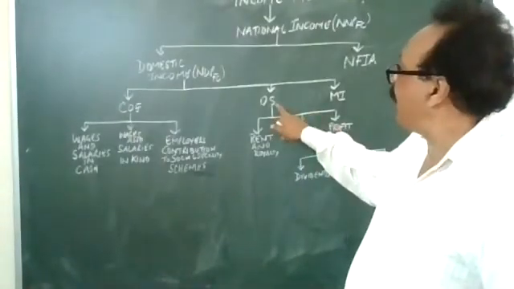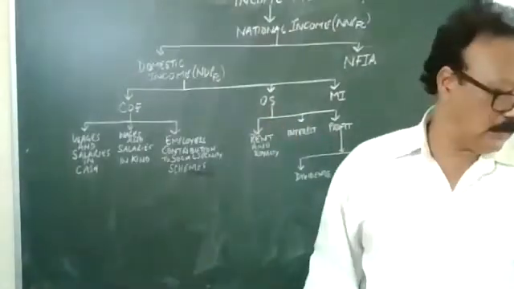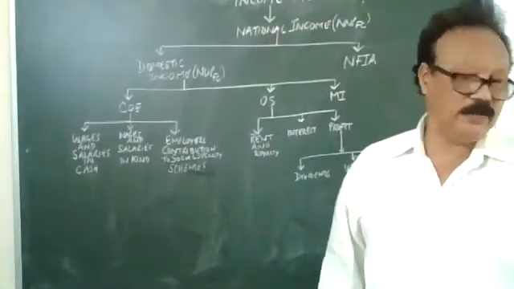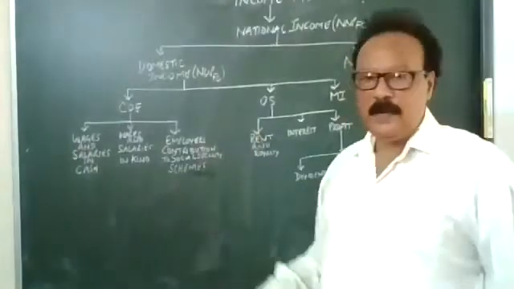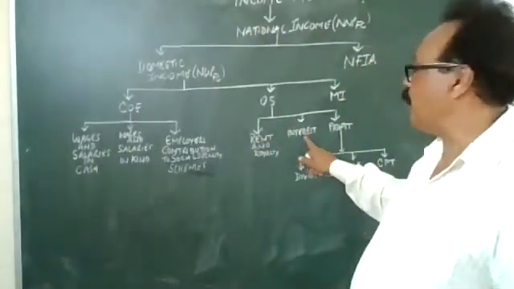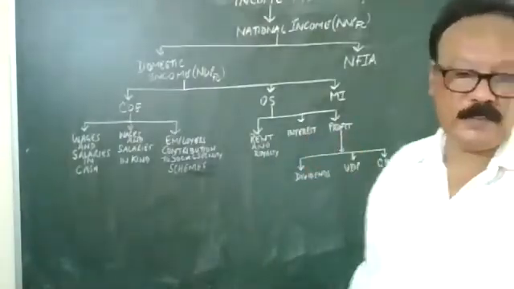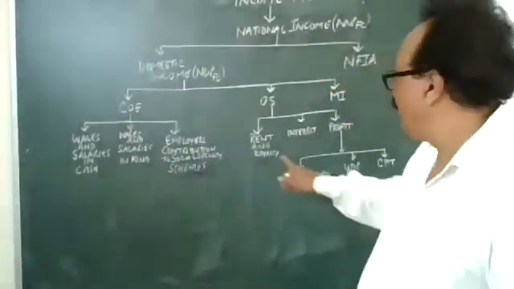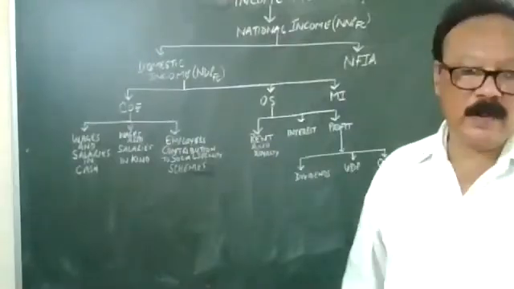So, operating surplus includes income from property, when you get rent and royalty. Second, interest. Third, profits. First, rent and royalty.